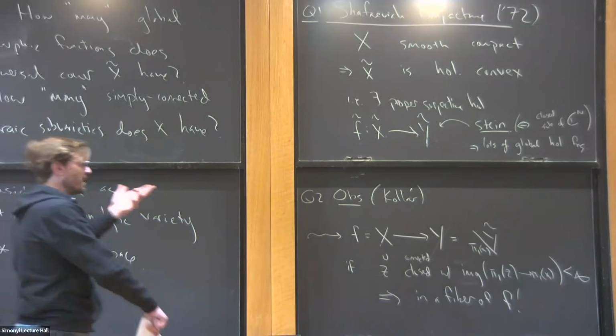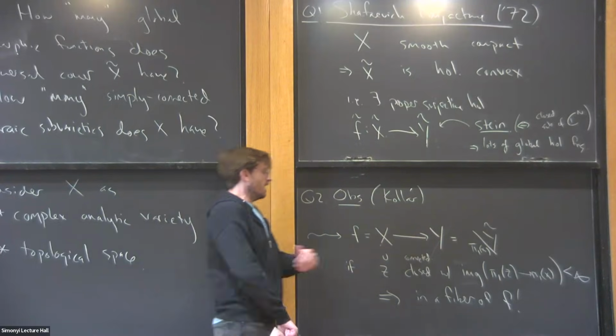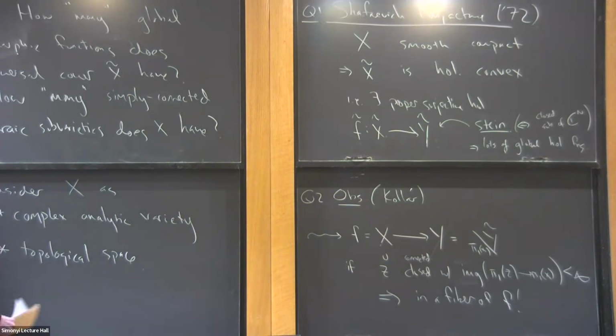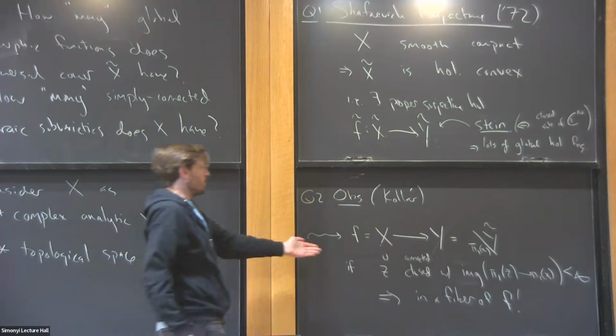So we get this map, and it has this strong property that any subvariety with finite image on pi 1 must be in a fiber. And in fact, every fiber has this property.